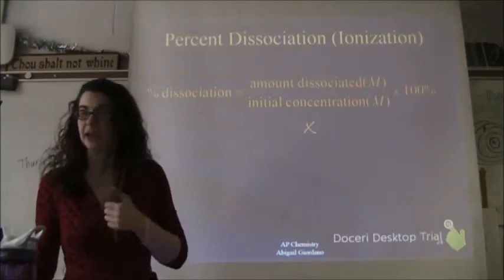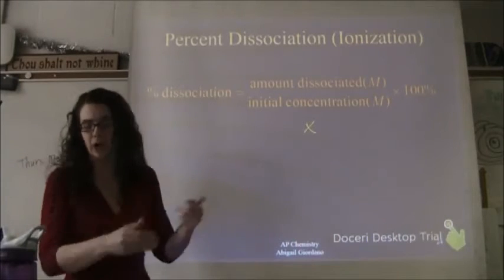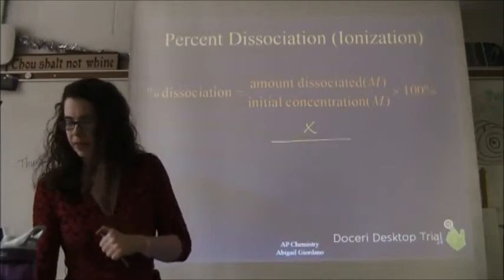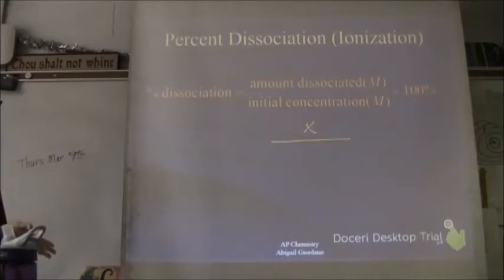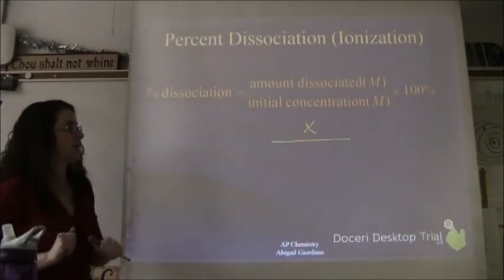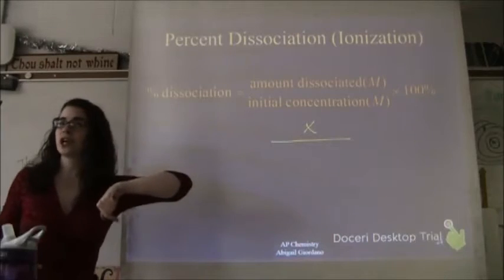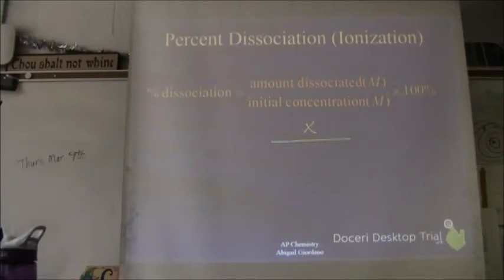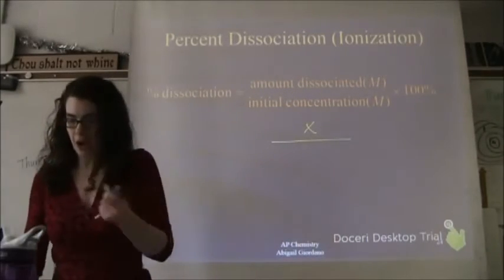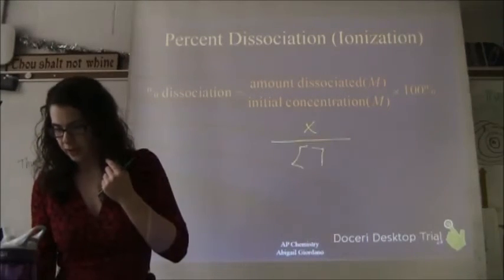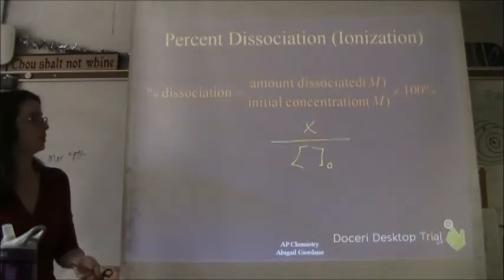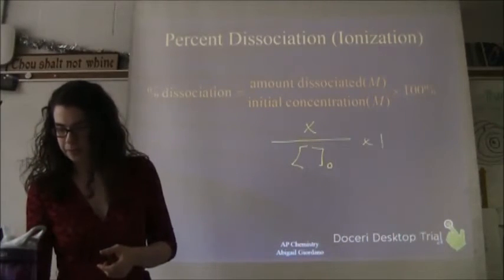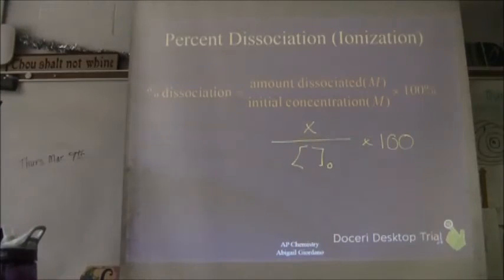That is X. X, whatever that number comes out to be, that is the amount of acid that has dissociated. Initial concentration, look in one of those ice tables, look on the I line. I stands for initial. Okay? Initial concentration just means what was the initial concentration of that acid on that I line. Okay, times 100. And that's it.